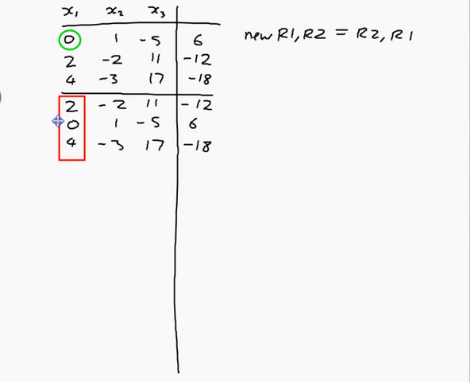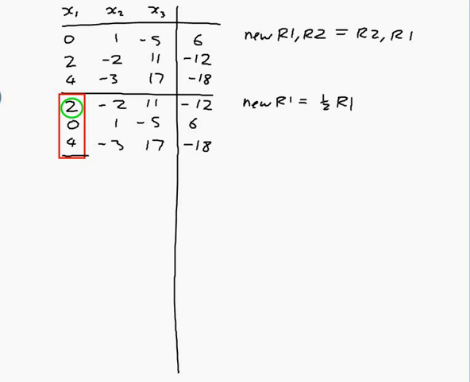Now I want the first column of the identity here, and I want this entry to be a 1. Well, that's not hard to achieve. I can just divide by 2. So my new row 1 is equal to half of my old row 1.